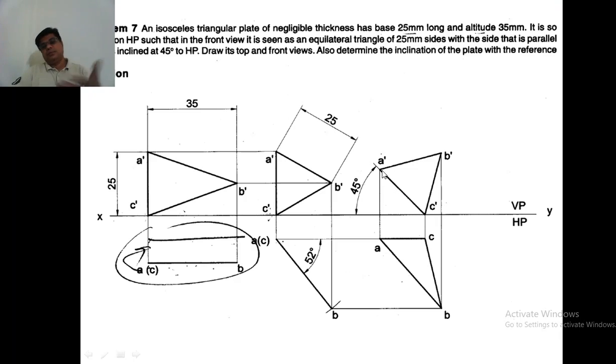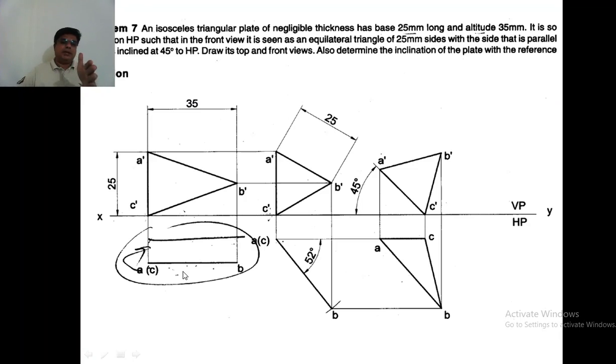It is the reverse of the previous cases where the plane was inclined to HP. Now it is inclined to VP. And here you can see that the top view is below the XY line. That means the plane is in front of VP at some distance. If it is in VP, the top view will be on the XY line.